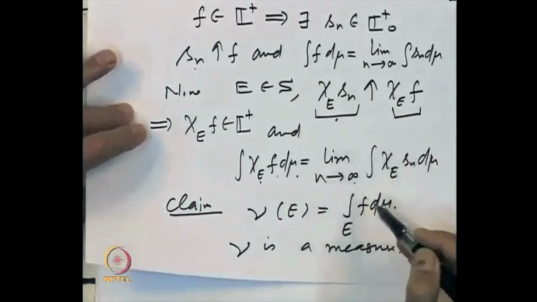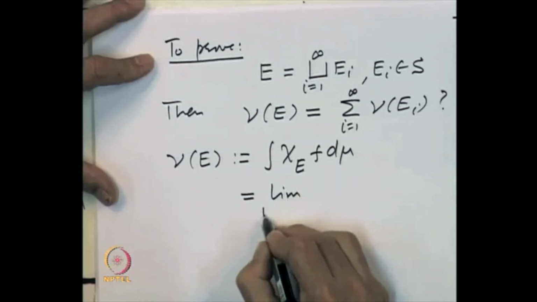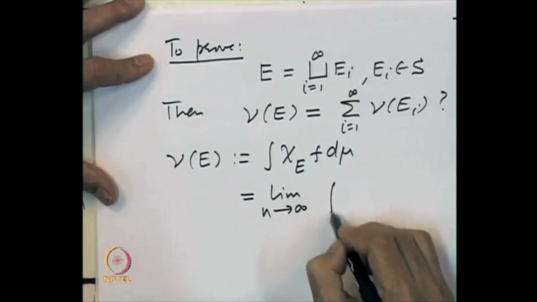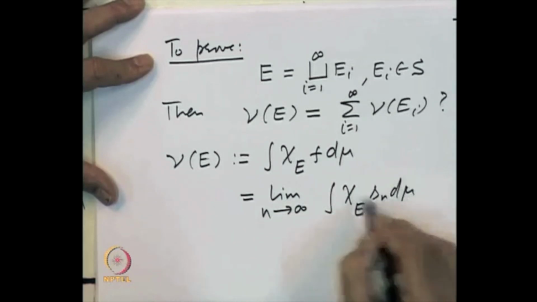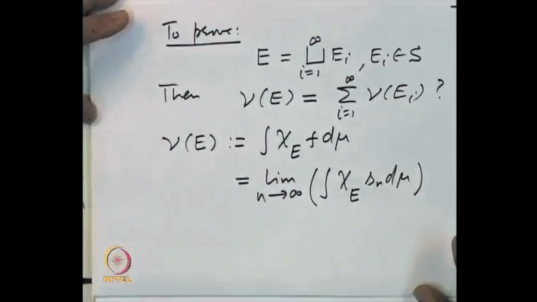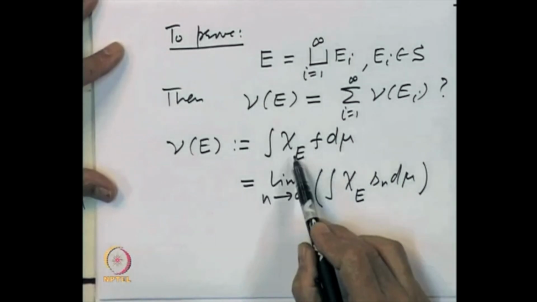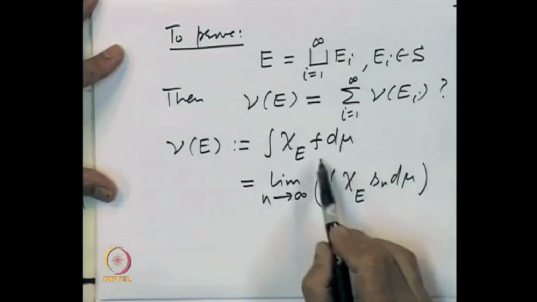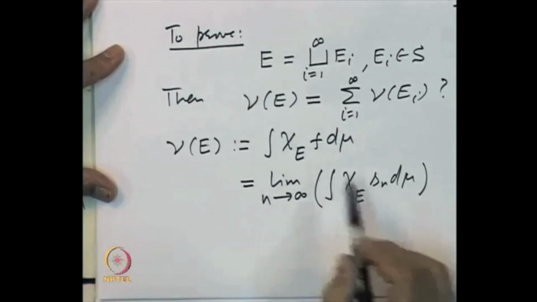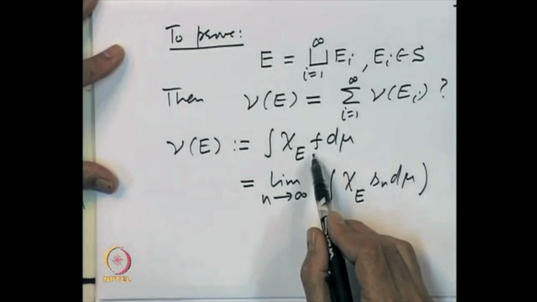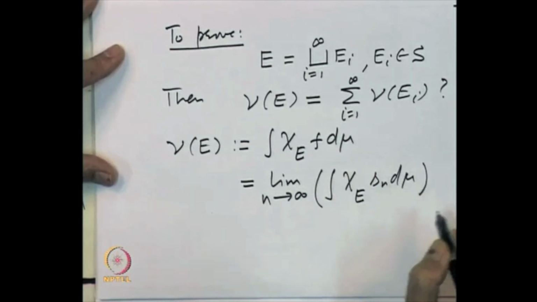So this can be written as the limit n going to infinity of the integral of the indicator function of E Sn d mu. This is just from the fact that Sn is increasing to f, so the indicator function of E times Sn will increase to the indicator function of E times f. Hence the integral of the indicator function of E times f is nothing but the limit of the integrals of the indicator function of E Sn d mu.